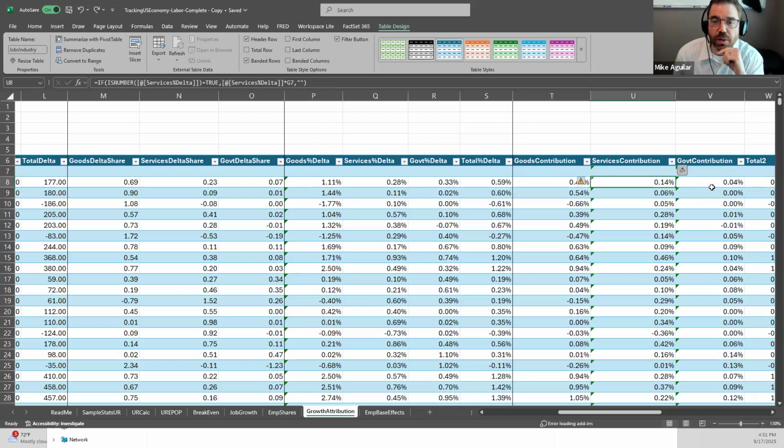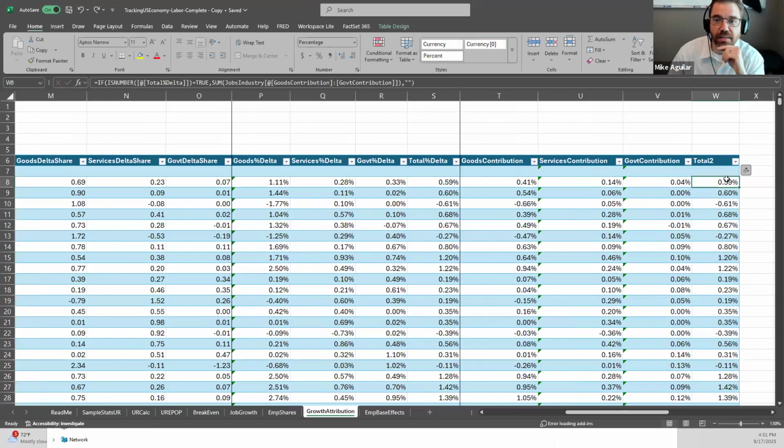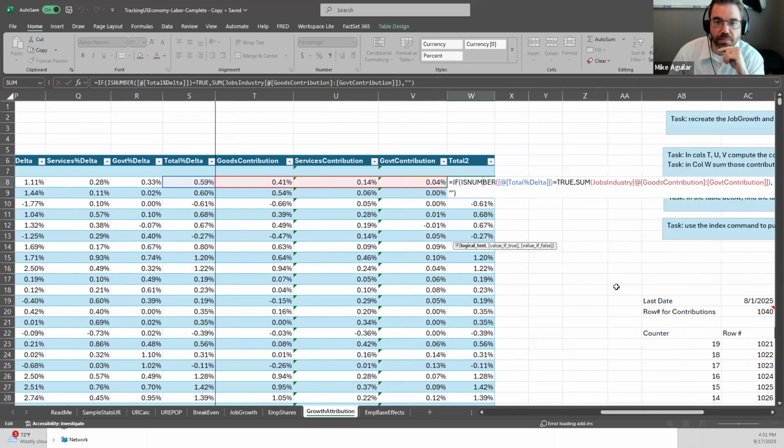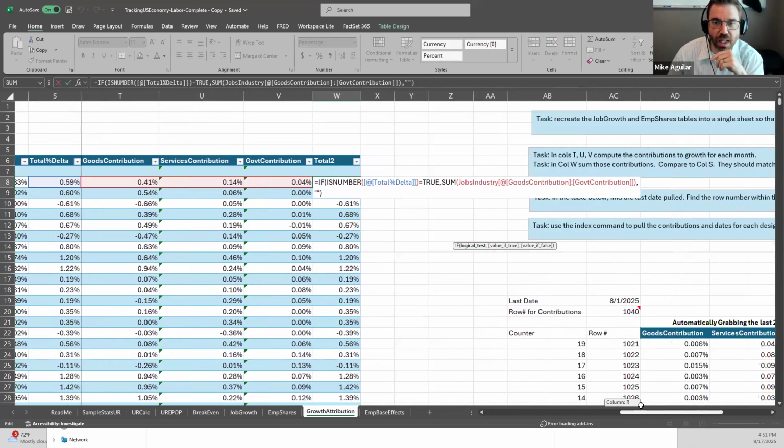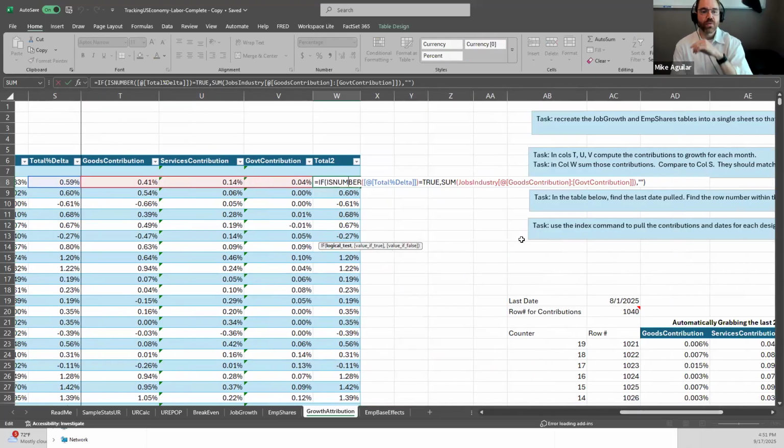0.41 percentage points, 0.14 percentage points, 0.04 percentage points. And if you add all of those up, you get to the total contribution. So what this line here is doing is a sum. We saw a sum before.